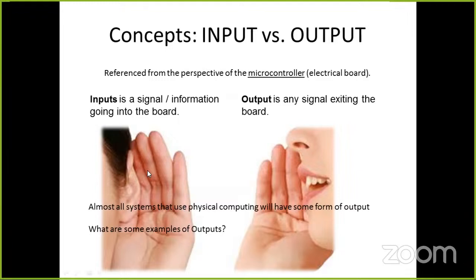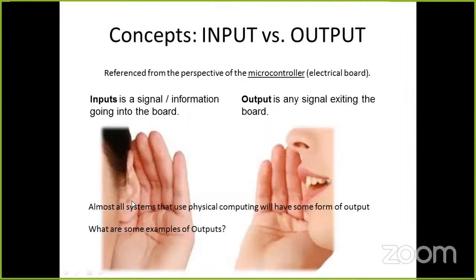Just take an example of a human being. Suppose the brain is similar to the Arduino. We are comparing a human being with the Arduino board. Arduino works as a brain, and whatever input signals we receive from our senses are input, and whatever output we give from our hand or our mouth is the output.